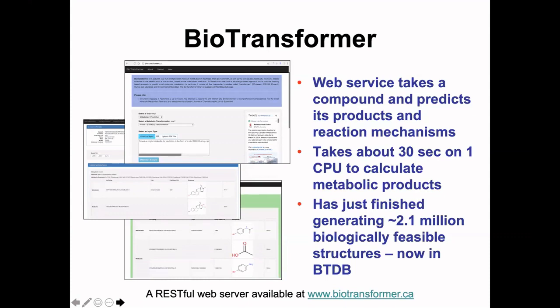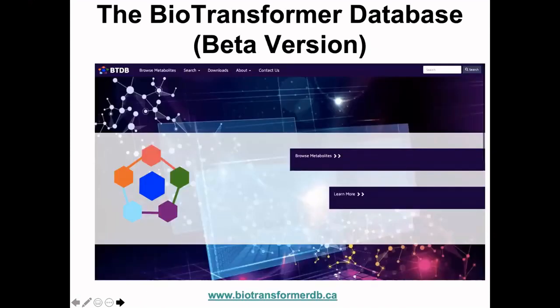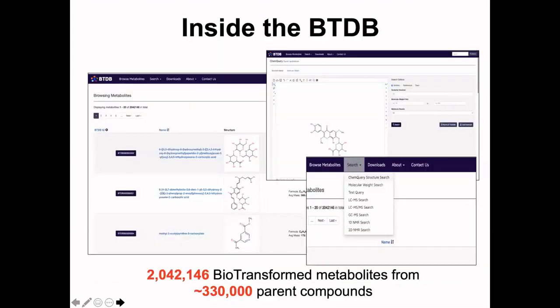And right now, we've generated about 2.1 million compounds, and we put them into a database called the Biotransformer Database, or BTDB. It's very much in a beta version, so don't expect a lot. But we wanted to make that available for some of our colleagues and for the community.